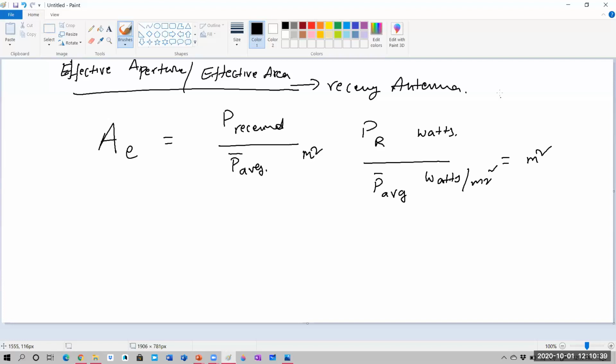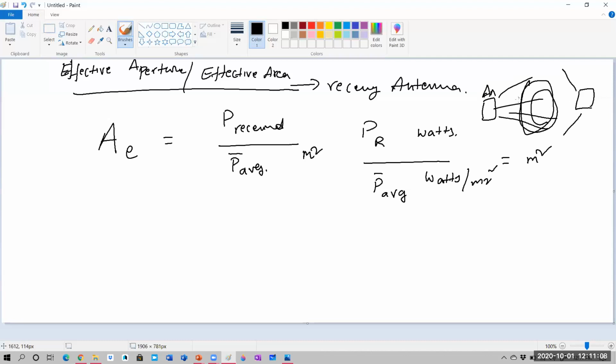Very simple thing. Suppose this is an antenna, it is delivering some electromagnetic wave. This is one receiving antenna. So how can I explain effective aperture? It is an area which extracts energy from these electromagnetic waves out of the total area of the antenna.